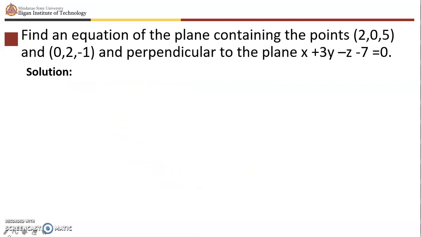So we are to solve this time the equation of the plane containing the points 2, 0, 5 and 0, 2, negative 1, perpendicular to this plane. What we did earlier was to have the following. Let's see what we have done.